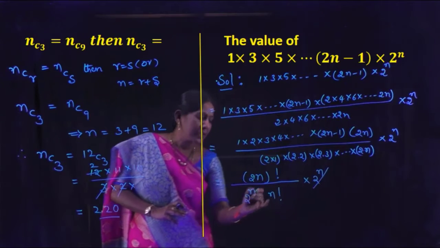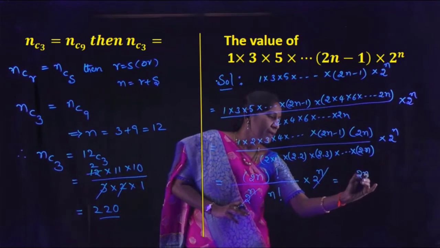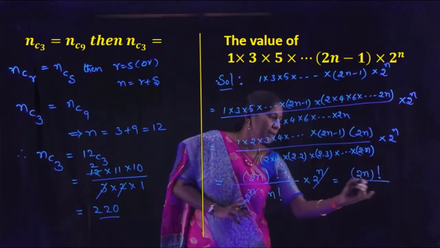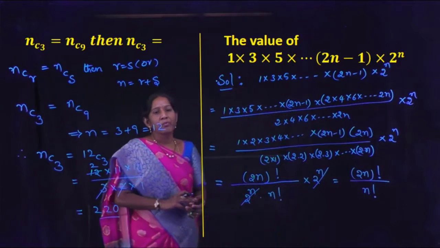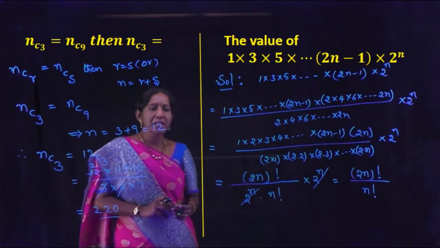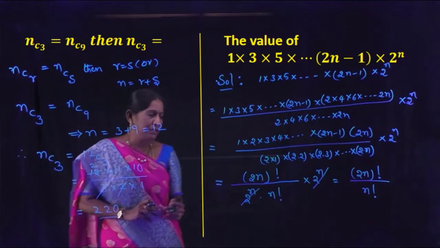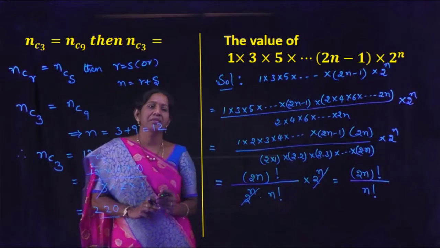This 2 to the power n gets cancelled, then the remaining part is 2n factorial by n factorial. Therefore, 1 into 3 into 5 and so on, (2n minus 1) into 2 to the power n, is 2n factorial by n factorial.